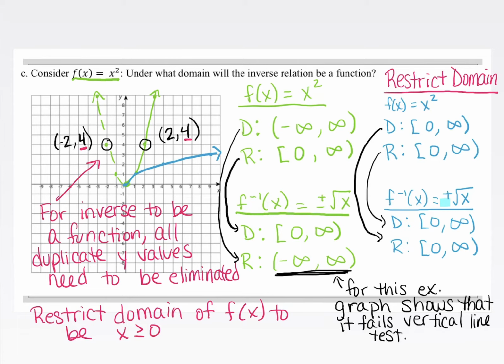Remember, it's greater than or equal to, so that's why we have a closed bracket. So it changes from 0 to infinity instead. So our inverse function right now is just f inverse of x is positive, so the plus side of the square root of x, so just the positives. And that is now a function.